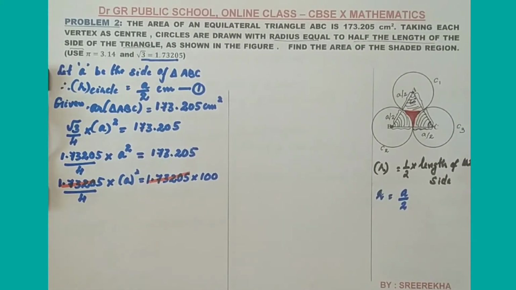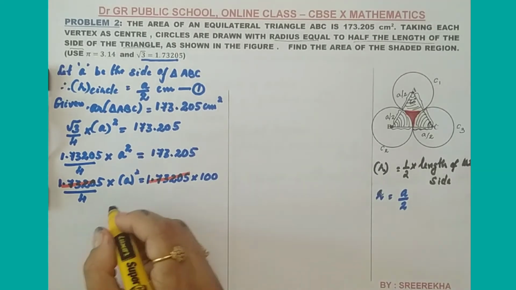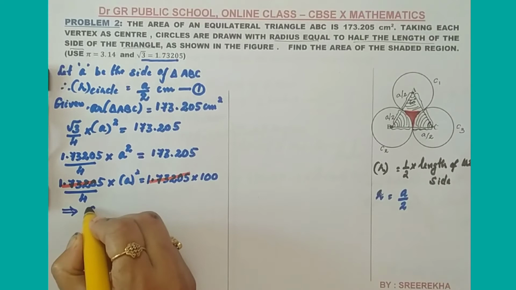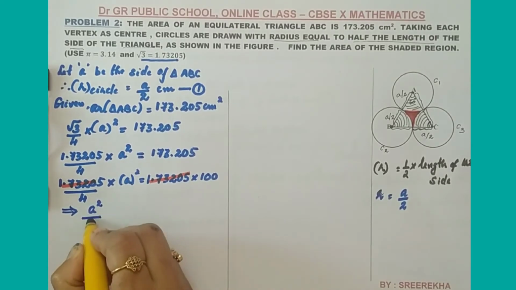To make the simplification easy, think as far ahead as you can and make the simplification very short, so that you can save your time for doing some more calculation. Now the remaining on the left side is a square divided by 4.